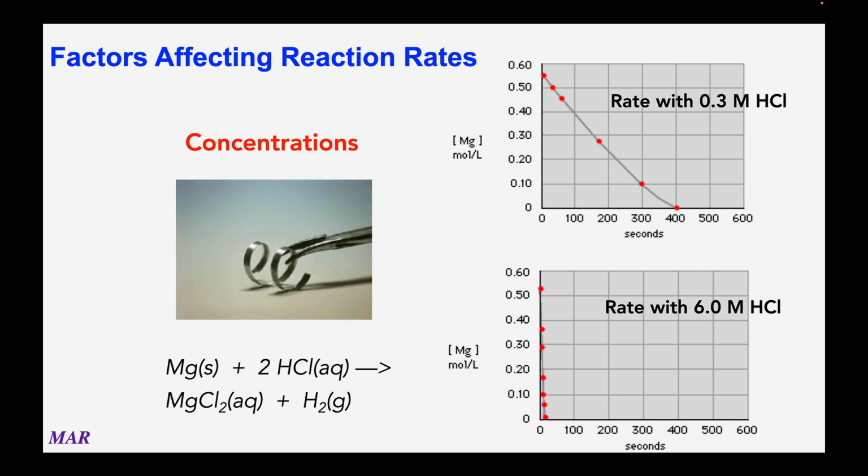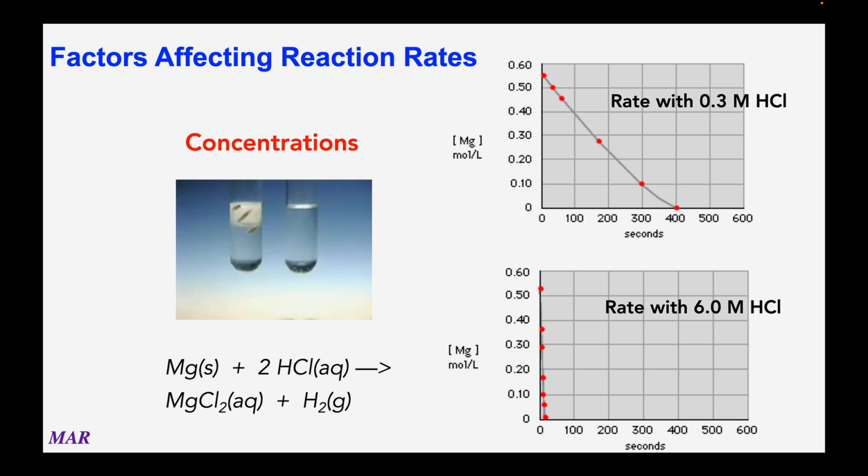If we place a similar magnesium strip in the 6 molar solution, the reaction is much more vigorous. Within moments, the reaction is complete. Meanwhile, most of the magnesium in the 0.3 molar solution is still in solid form.